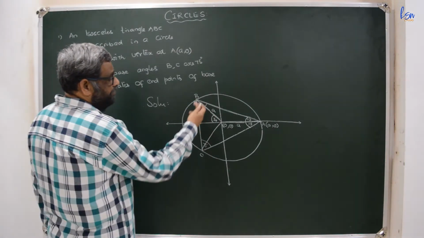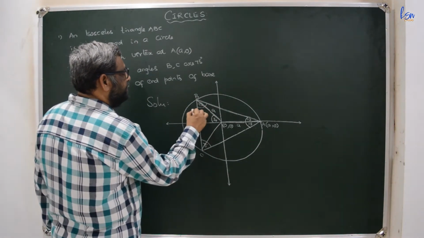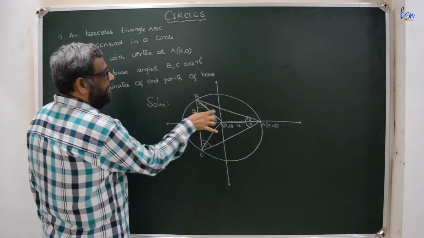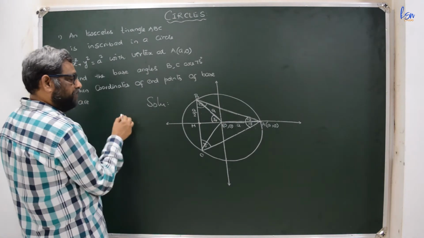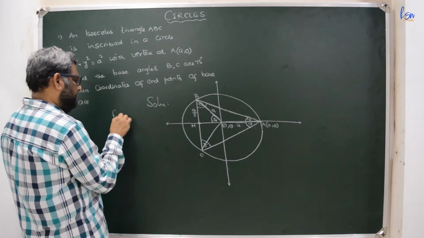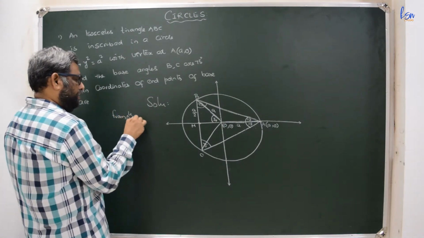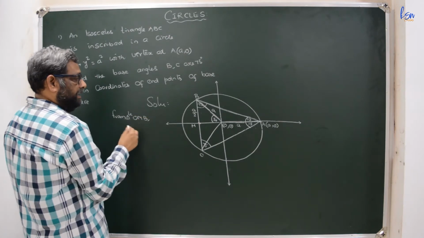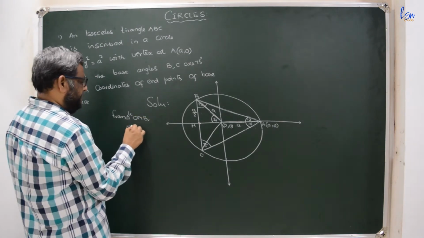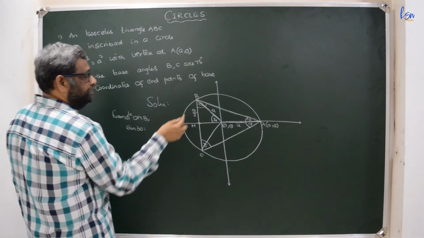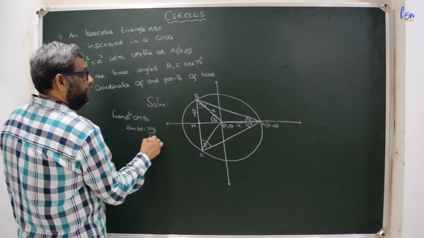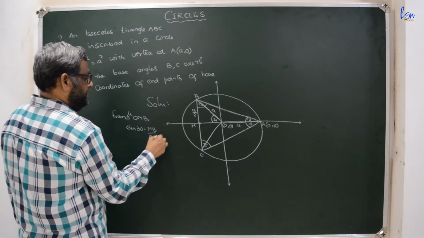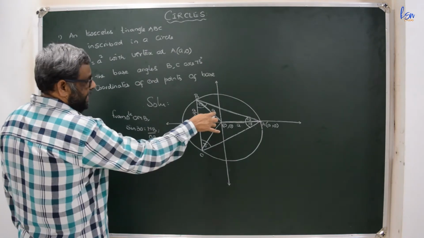From the triangle OMB, sine 30 is equal to MB by OB, which is A by 2 by A. This is A of course.